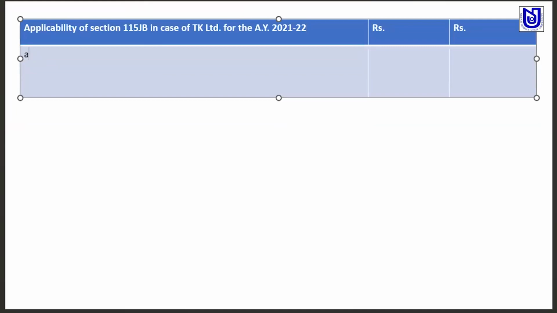First part, A, tax liability under the normal provision of Income Tax Act: tax rate under the normal provision.